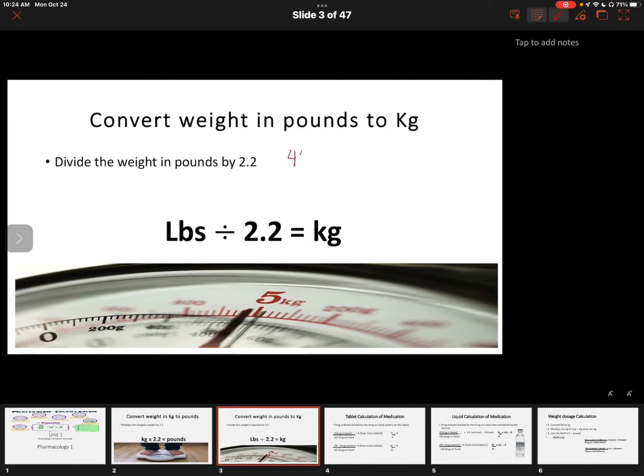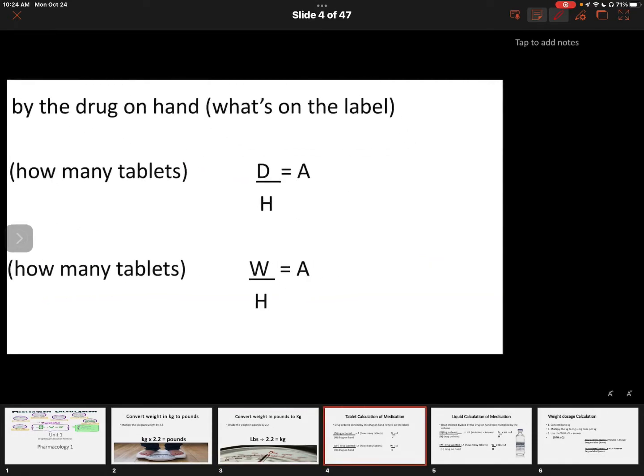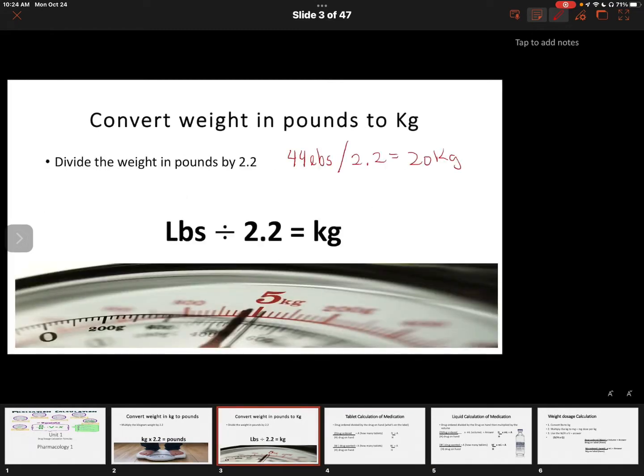So for example, if you had 44 pounds, you would divide, this is what the slash represents as division, by 2.2, and you would come out with 20 kilograms. Again, your 20 kilograms is smaller than 44 pounds, so that's how you can confirm that your answer is right.